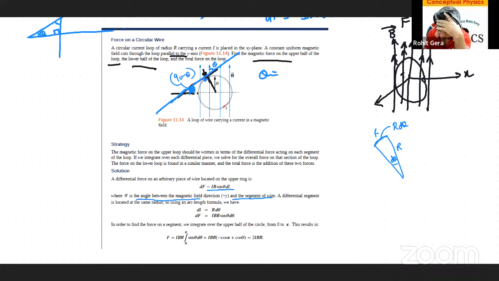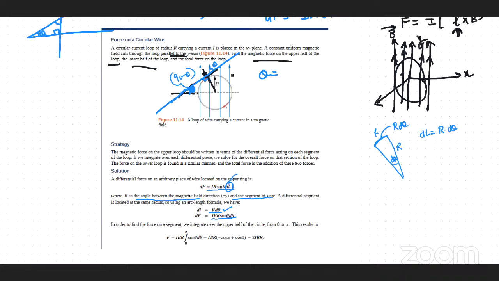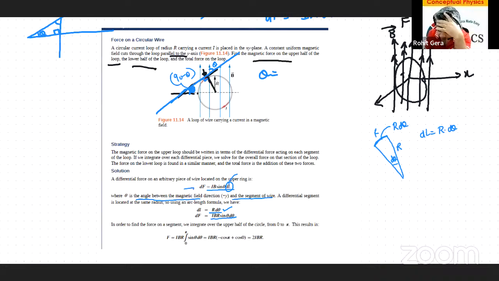So convert dl in this and substitute in the formulas of dF. So arc length is r d theta, and this is the arc length. Put it in the formula of dF. So dl substituted in dF gives you this.